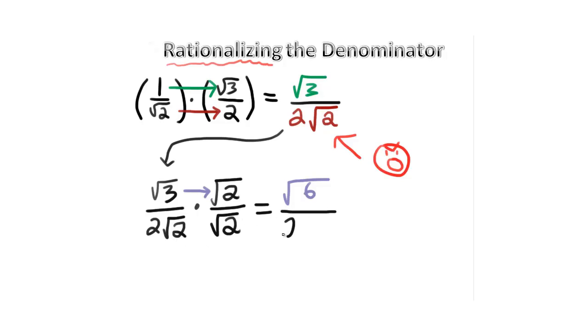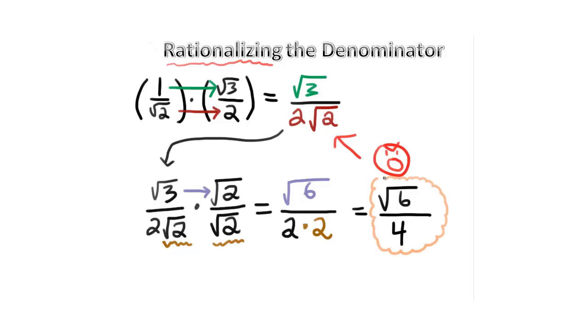The 2 you just leave in the front, but then we have a radical 2 times another radical 2, and we know that's just the number 2, or radical 4, but that's just 2. So now we have radical 6 as the numerator, over 2 times 2, which is 4. So now we no longer have the radical in the denominator. So we're all done here. This is our final answer. We can't simplify it anymore.